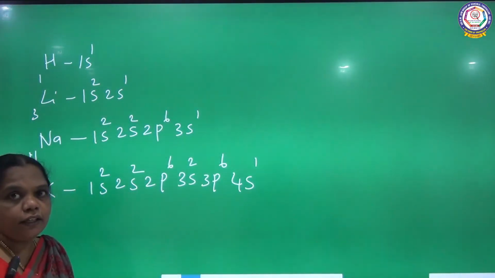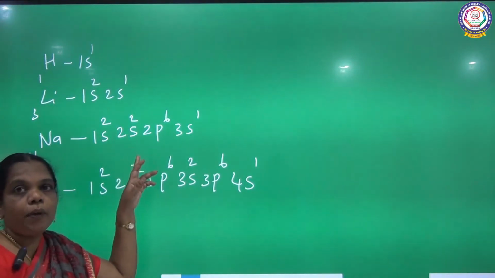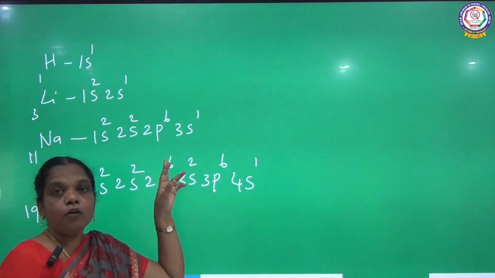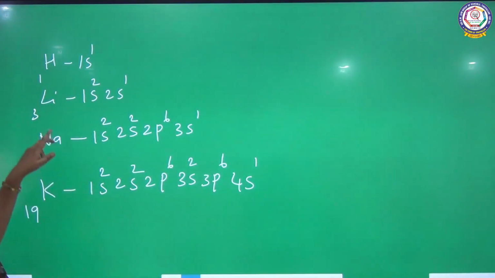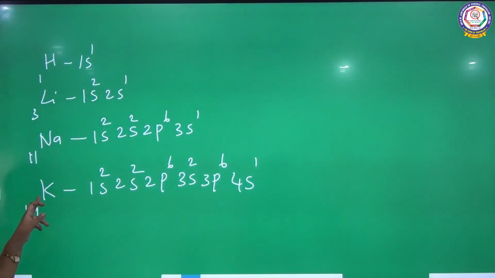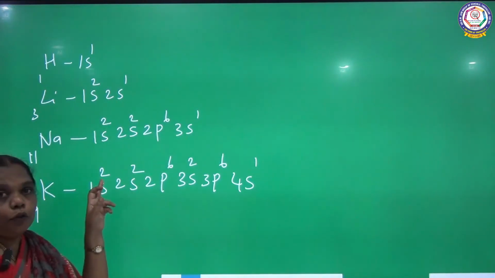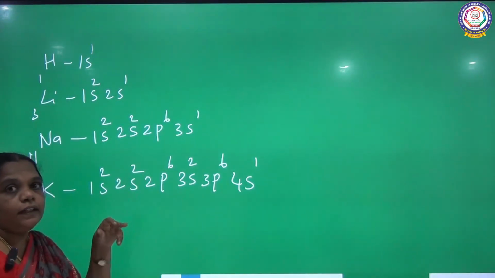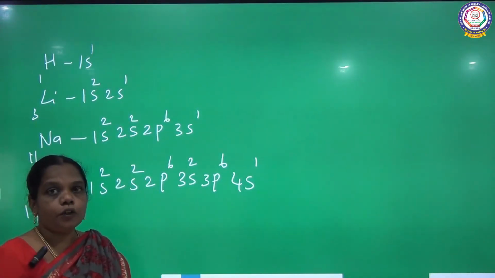And now listen children, we are going to compare the atoms down the group. First group, first period hydrogen, then second period of the first group lithium, third period, fourth period, like that they enter into a new energy level, a new period, so the energy shell is going to increase.